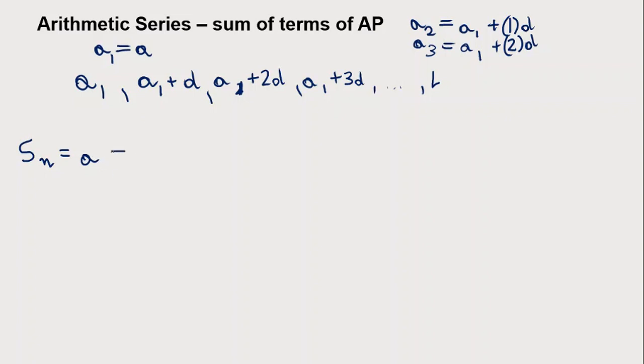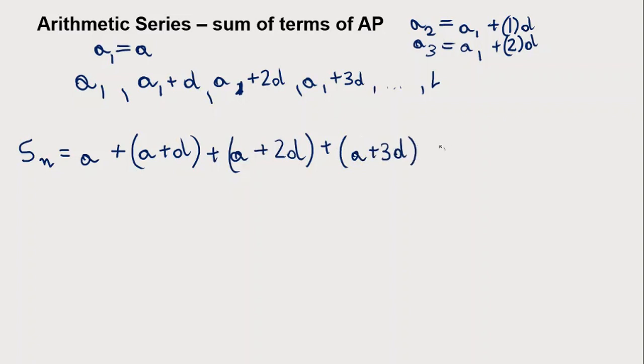So I have A, the first term, plus the second term, which is in fact A plus the difference, plus the third term, which is in fact A plus 2 differences, plus the fourth term, which is the first term plus 3 differences, plus dot dot dot.